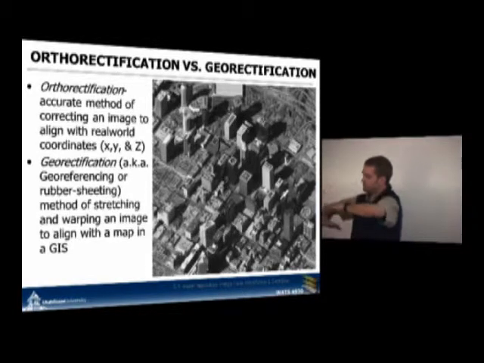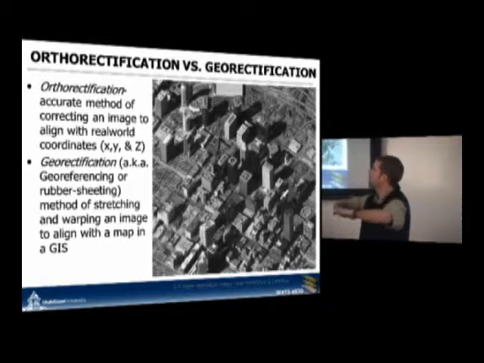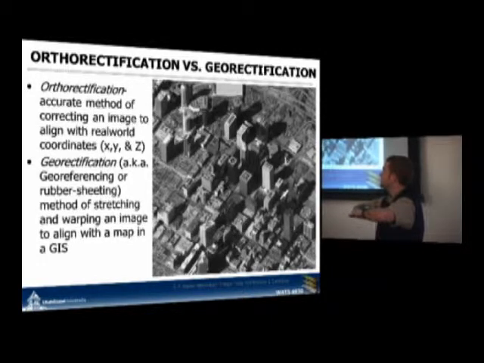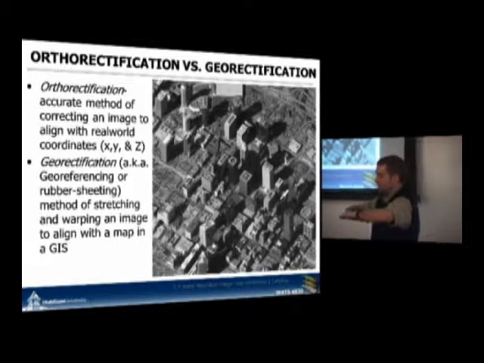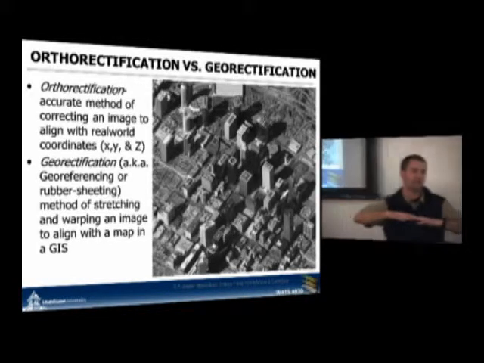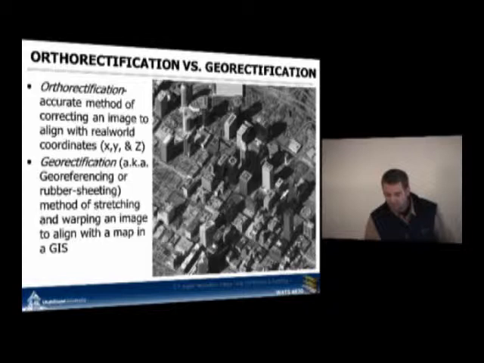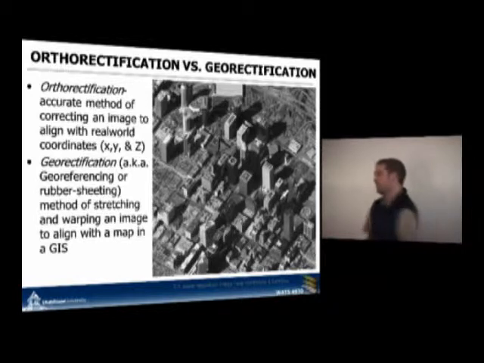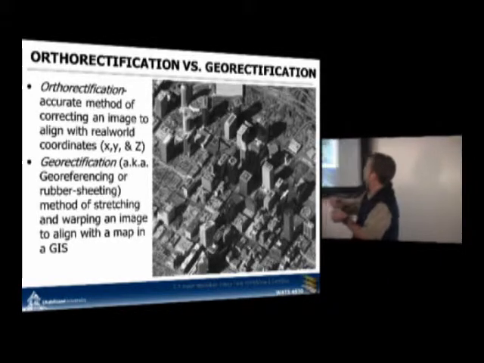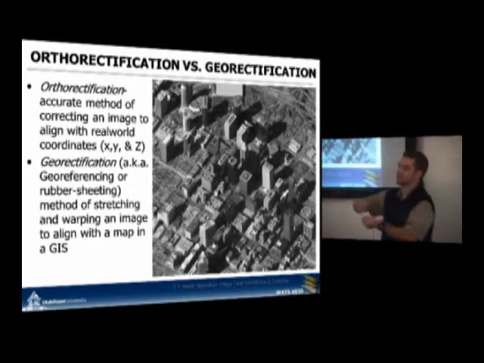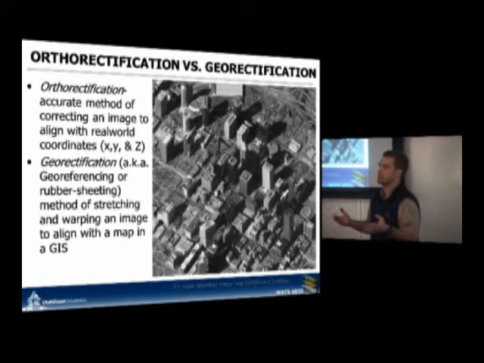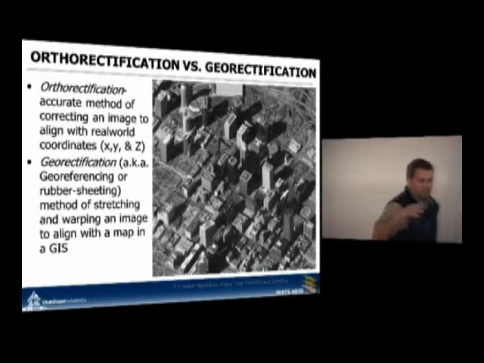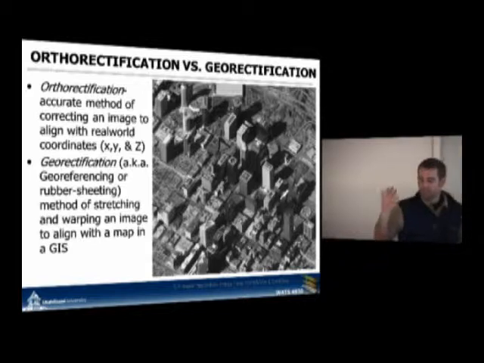And so with orthorectification, you end up having to apply a more complicated model to warp and stretch that because you're taking into account, for example, is this pixel looking at the top of this skyscraper or down here on the sidewalk? And depending on what you're looking at, you're going to treat the stuff that's in between much differently. Okay? So georectification or georeferencing or rubber sheeting, that's the simpler method.